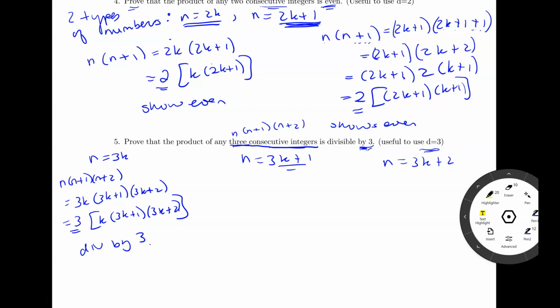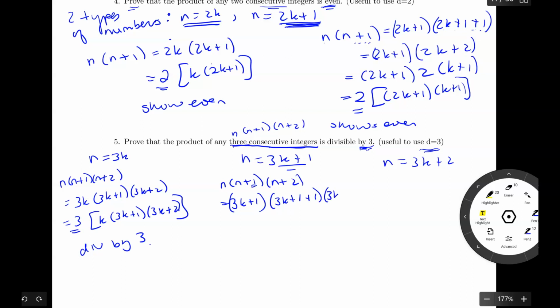Okay, so now let's use this case. I've got n times n plus 1 times n plus 2. So now I'm substituting in 3k plus 1, 3k plus 1 plus 1, and then 3k plus 1 plus 2.